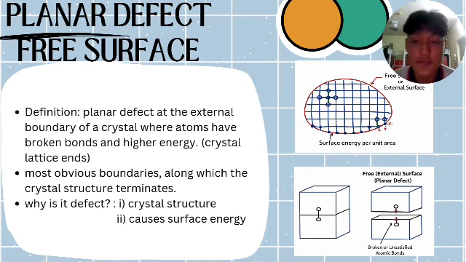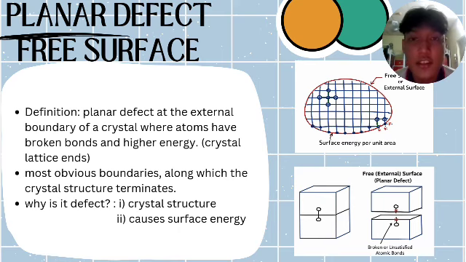Due to this high surface energy, free surfaces are more reactive and are often where corrosion and cracks begin to occur. In the image below, I will demonstrate how it works.